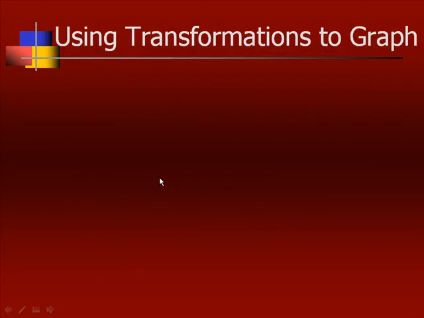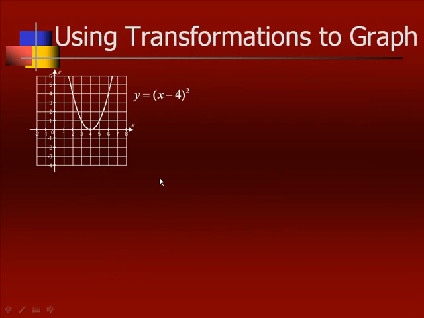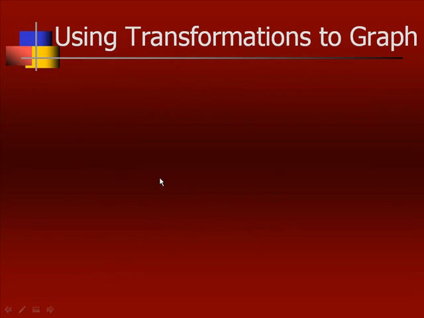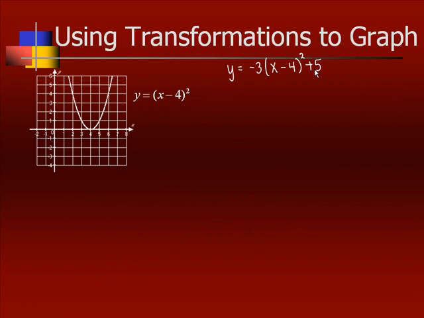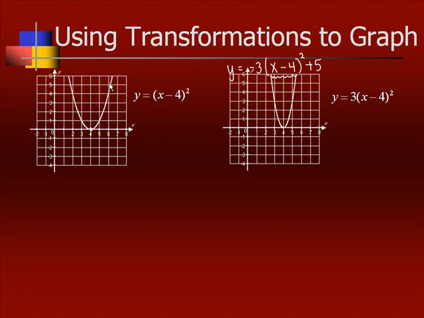Okay? So let's practice. Let's write this up here: y equals negative 3 times (x minus 4) squared plus 5. So the first thing we're going to do is our horizontal shift. x minus 4 means we're going to go to the right 4 places. So we throw in our x squared.